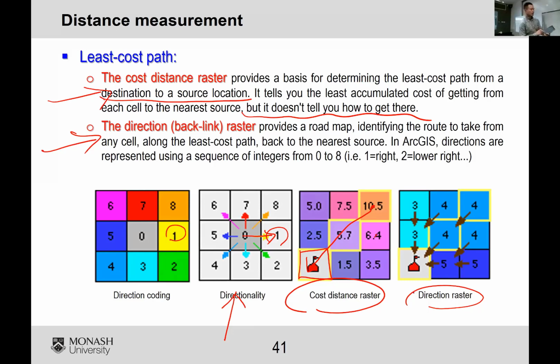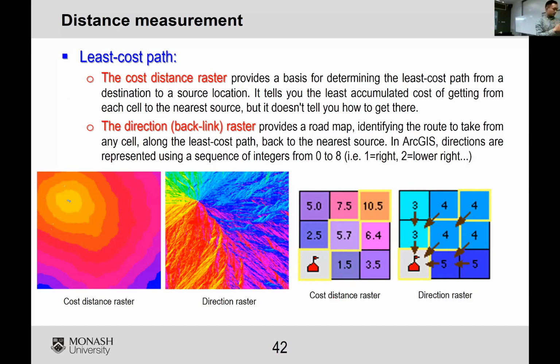So let's look at a data set. If we have a cost distance raster like this, so this is a destination, right? And each of these rings represents the cost traveled to the source. And this is what the direction raster of this same cost surface looks like.